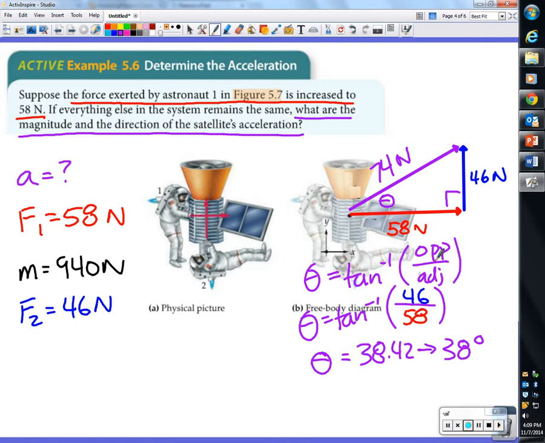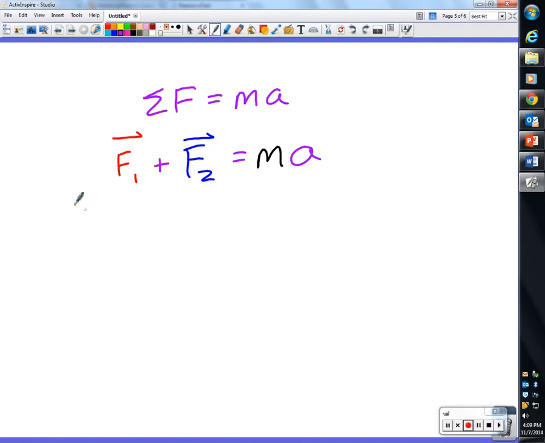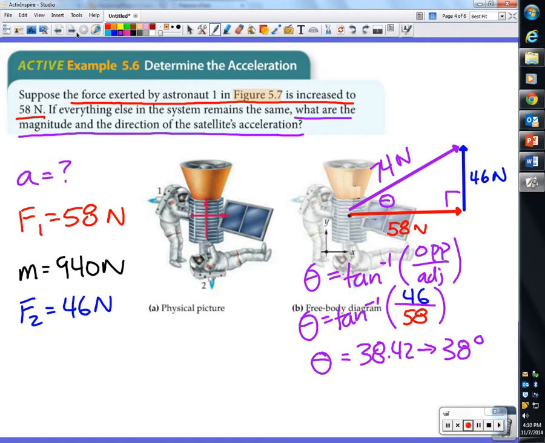So, taking this information from finding the net force, or the vector sum of force 1 plus force 2, putting those two together, what was that number again? 74 newtons.